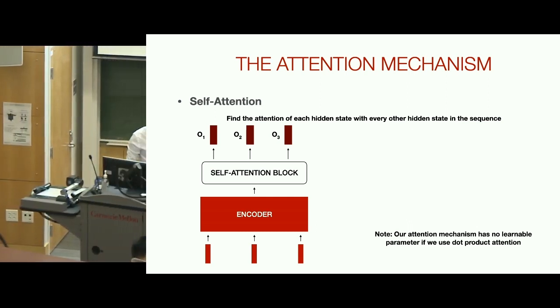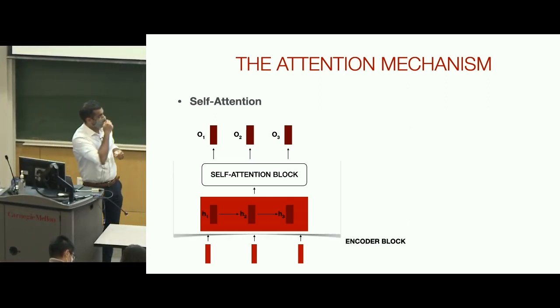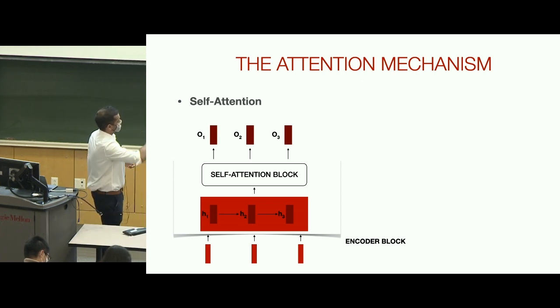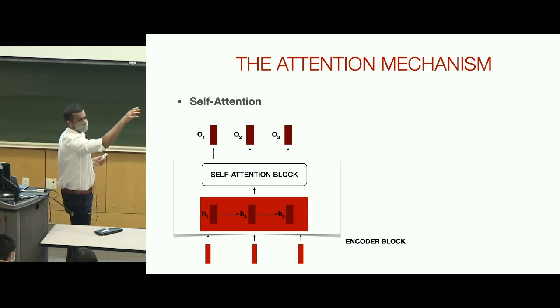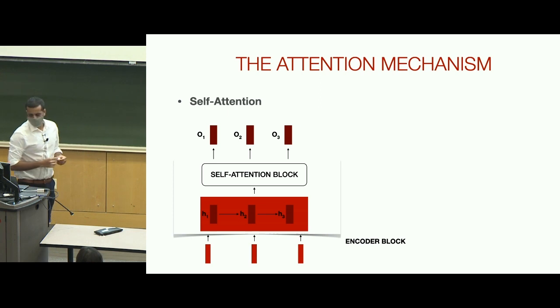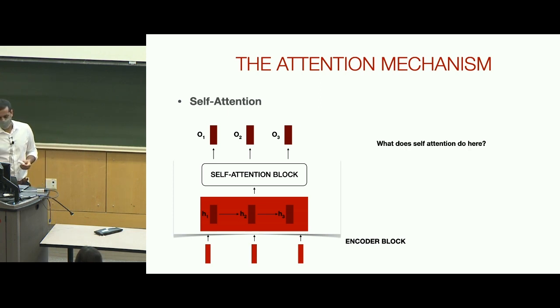And this LSTM, in some sense, when we add a self-attention module on top of it, is approximately what the encoder in the transformer is. Approximately, not exactly. So we'll get more exact very soon.